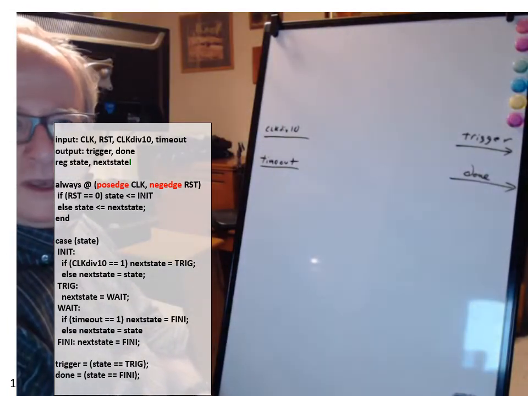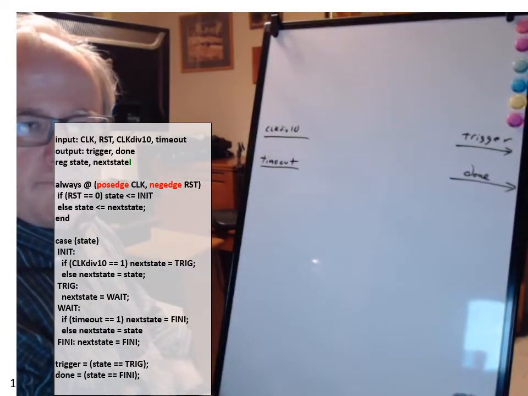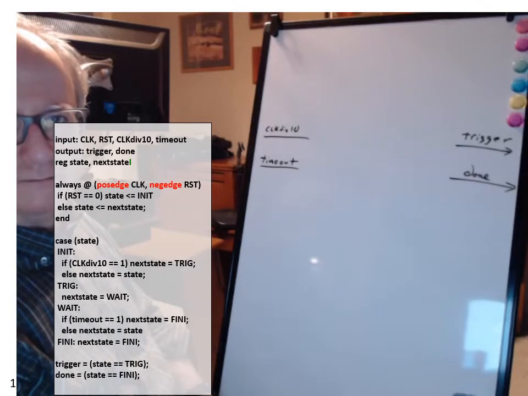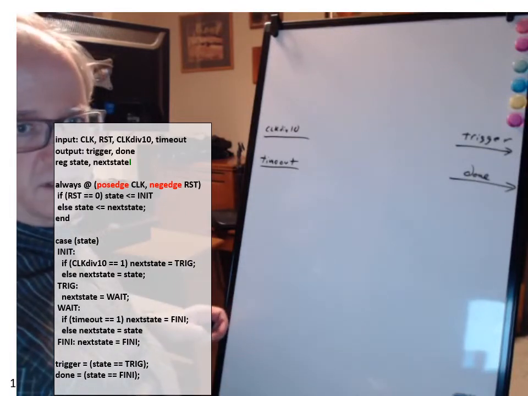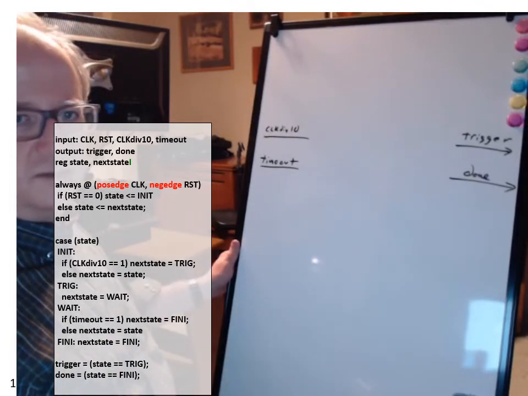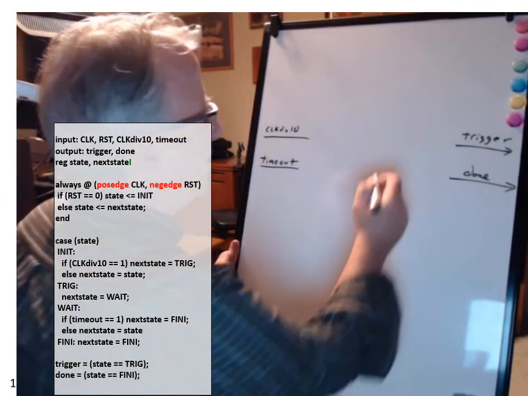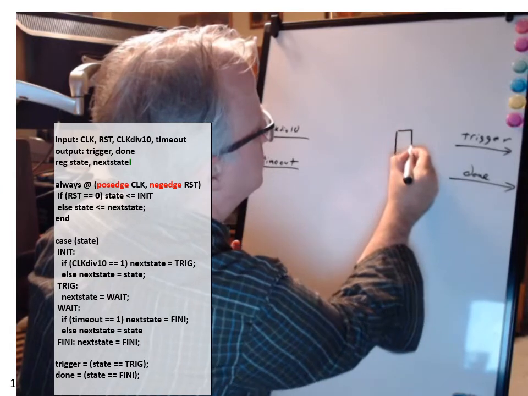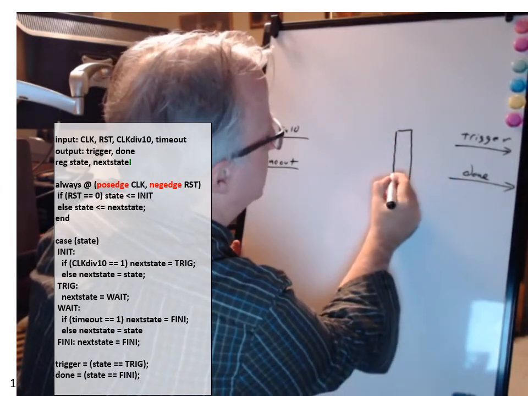Okay, well, let's see. I'm going to go ahead and draw the register. It's probably the simplest thing out of all of this to draw. And so it's going to be right here.